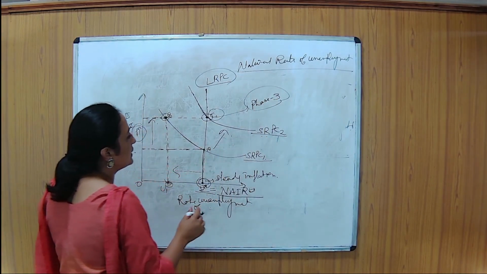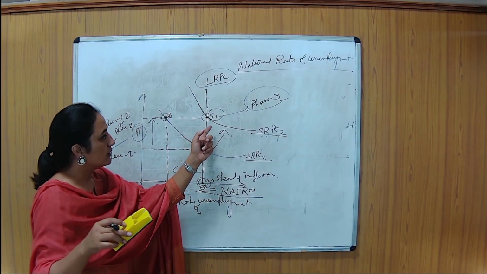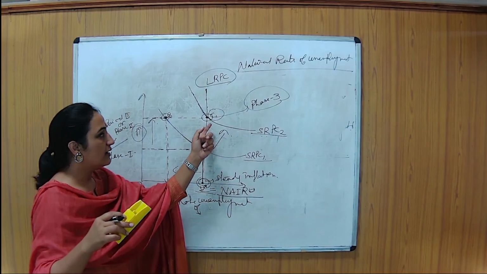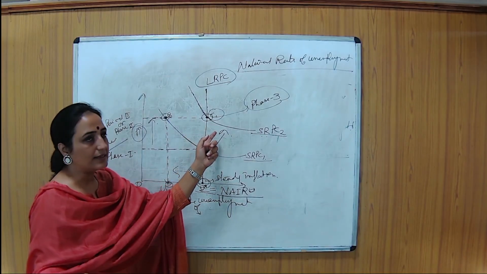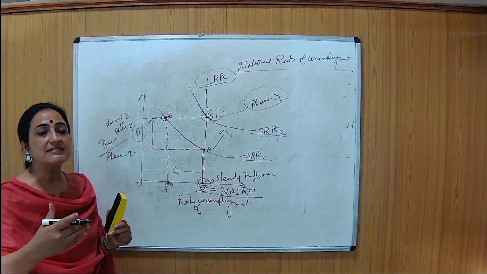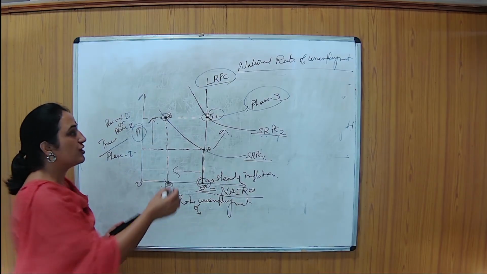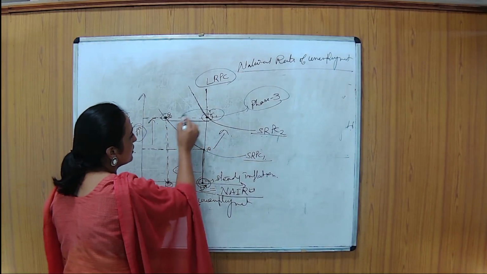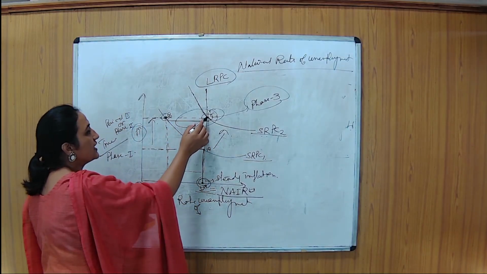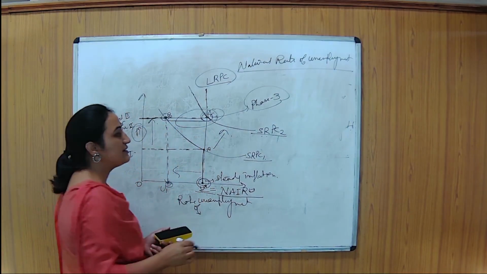So what happened? What will be our assumption? That all assumptions failed here. How? Because we were expecting that due to the increase in the price level, our economy would grow and inflation would increase. But here inflation will not increase. Inflation will remain constant here. Whatever the inflation was here, that inflation carries on to point C also.